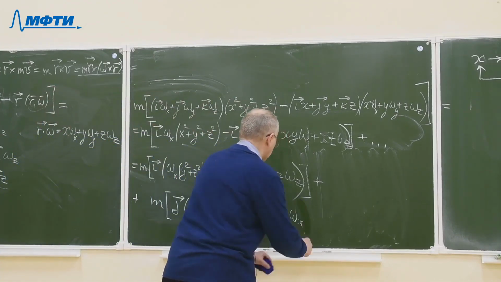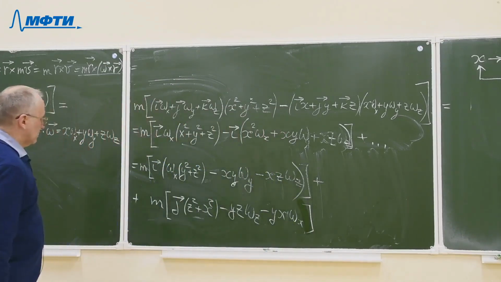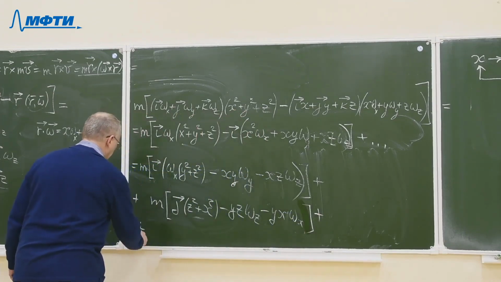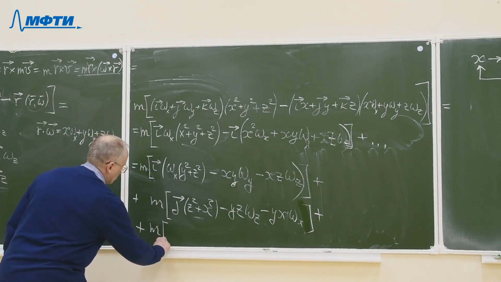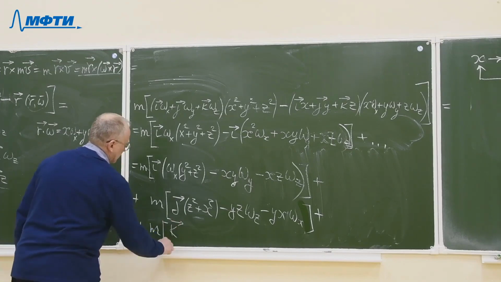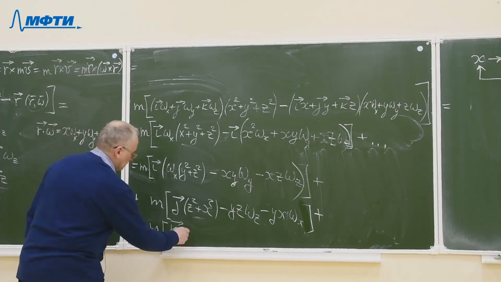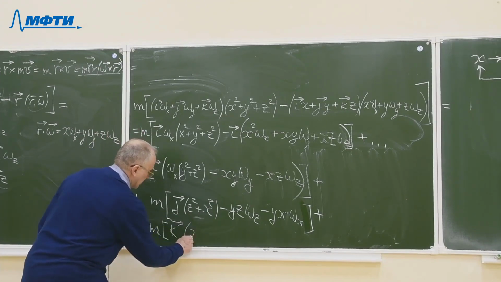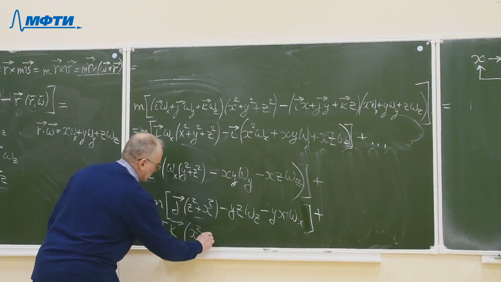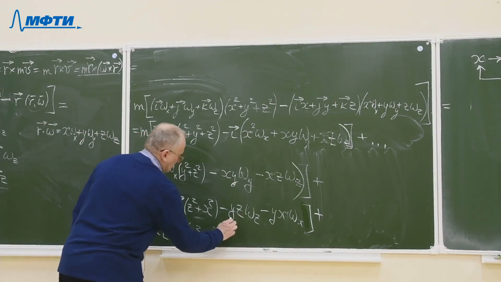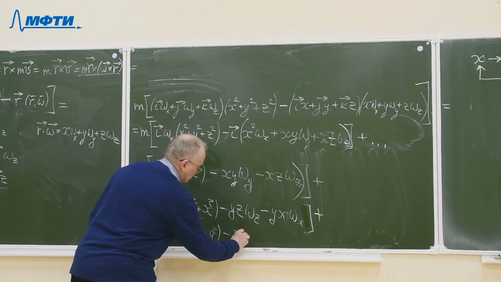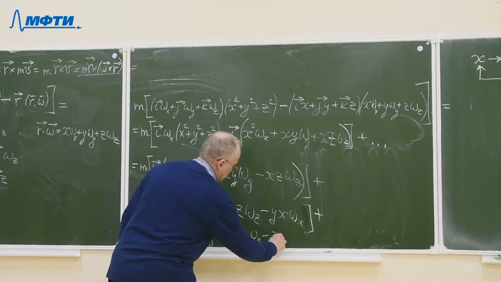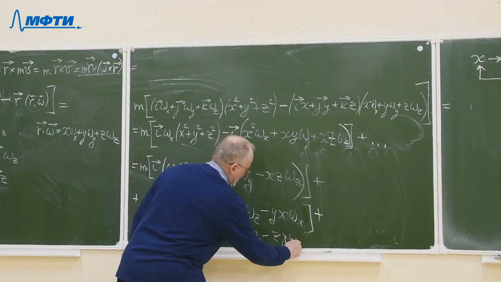And the last term here will be found in the same way, which will be vector k, and the same circular change of indices will give us z going to x squared, x going to y squared, y going to z, omega x minus z y omega y.